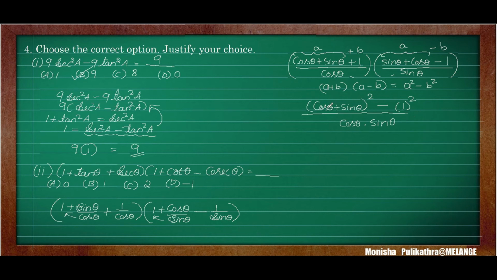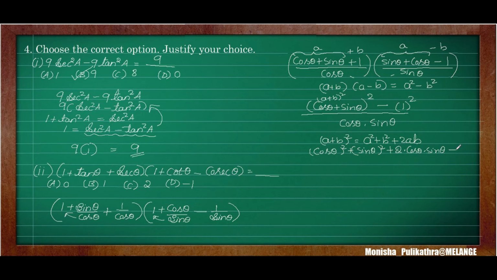Fine. So next again in the numerator it is in the form of A plus B whole square. Okay, so A plus B whole square is A square plus B square plus 2AB. Here A is cos theta and B is sin theta. So it will become cos theta whole square plus sin theta whole square, that is A square plus B square, plus 2AB. 2AB is 2 cos theta into sin theta. Okay, this is the expansion of cos theta plus sin theta whole square, in the A plus B whole square form.